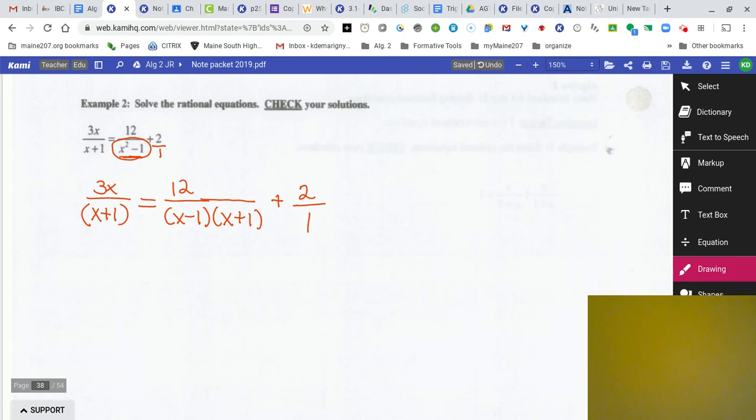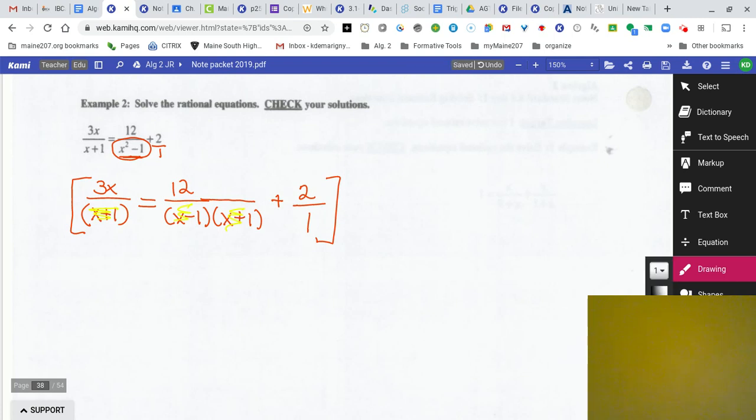All right, well, now that we have everything a fraction, I just need to multiply through by our common denominators. Now, if you're unsure of what your common denominator is, well, here it is, here, here, and here. I have to have one of each of those.